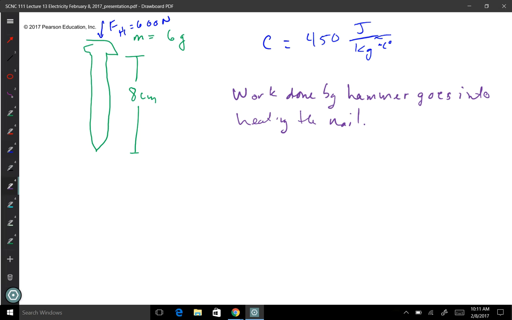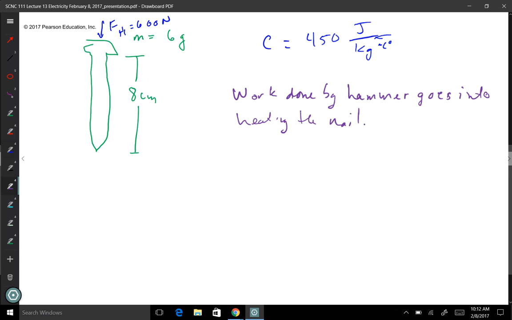So if heat goes into the nail, what should naturally happen to it? Okay, it is going to expand. Its expansion is going to be small. The more noticeable thing is it's going to change in temperature. So this heat going into the nail is going to make it change temperature.